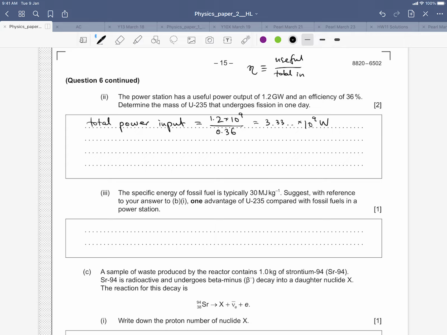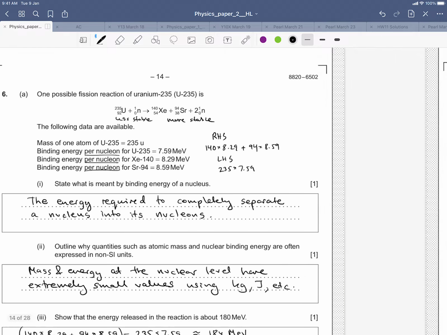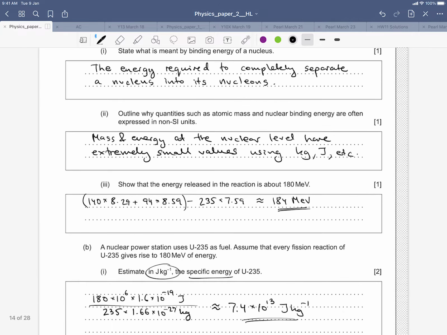So this is joules per second. And before, we just calculated the joules per kilogram. So I can get kilograms per second by doing the following.